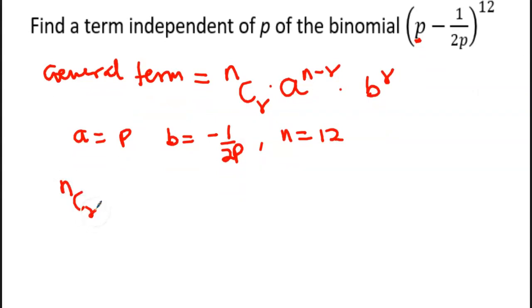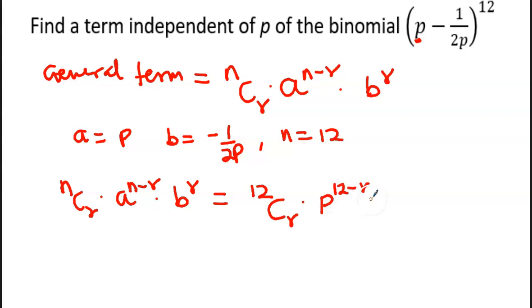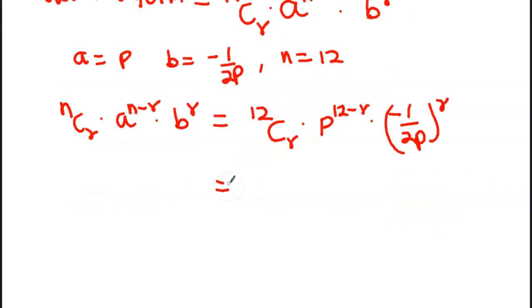So n combination r times a to the power n minus r times b to the power r now becomes 12 combination r, we don't know r, times the first term is p raised to the power 12 minus r, times the second term is minus 1 on 2p, all raised to the power r.